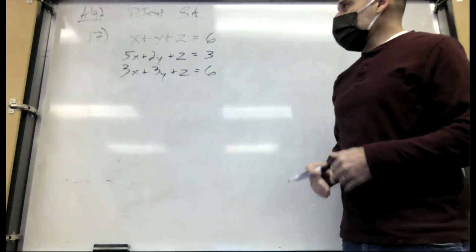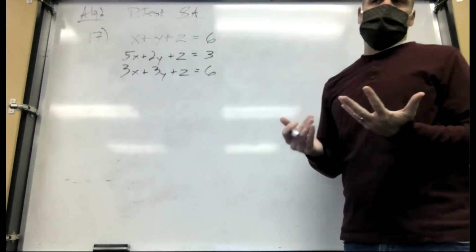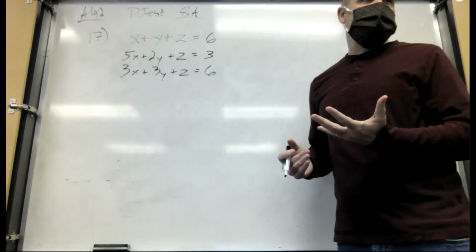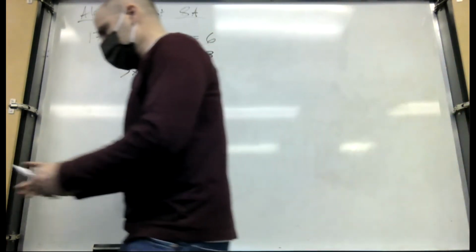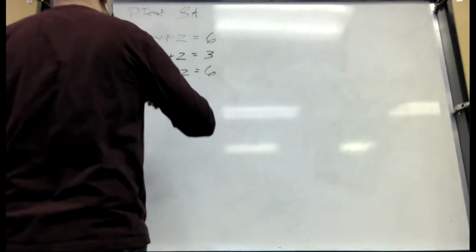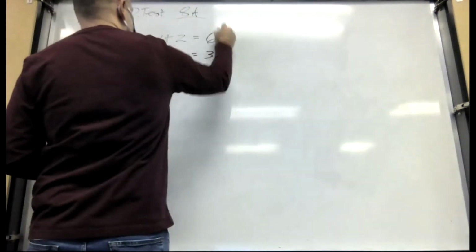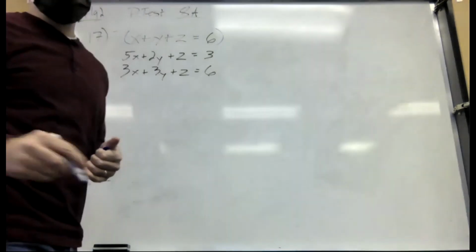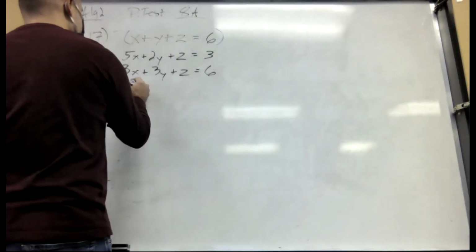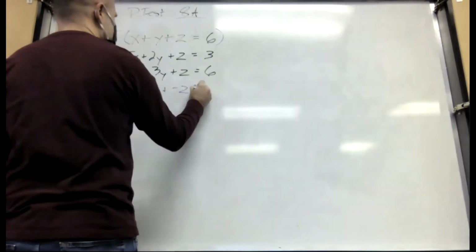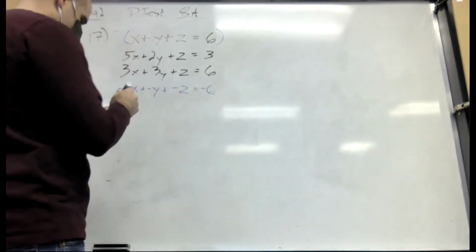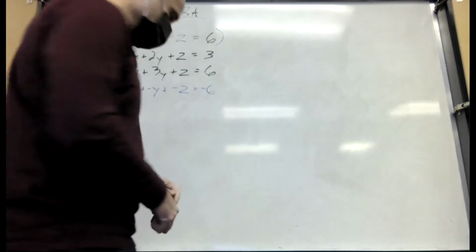So what we're going to do is I'm going to suggest getting rid of the z's in 2 different ways. Okay. So if I negate the top equation, this becomes negative x plus negative y plus negative z equals negative 6. So far, so good? All right.